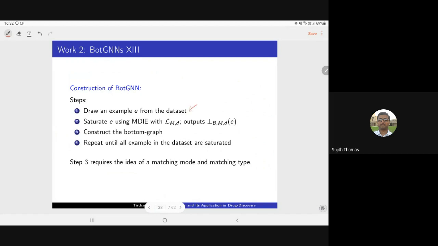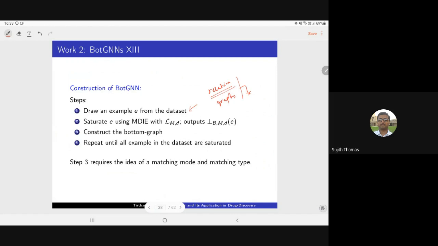We are given a data set of relational instances E. When I say relational data instances, it could mean graphs, relational databases, knowledge graphs, any kind of relational form. Then we need to transform that into some kind of Prolog fact, but I'll come back to this information later towards the end of the talk.